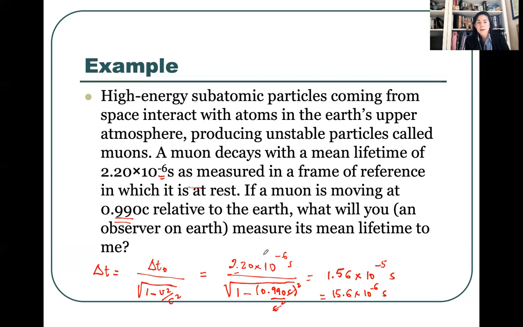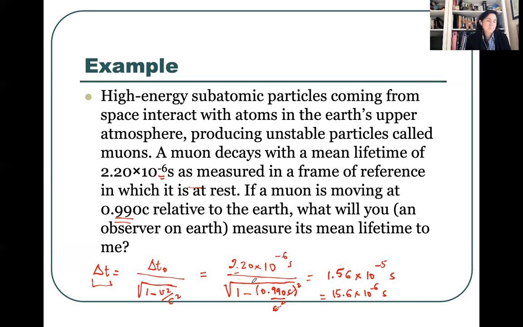That is interesting because if you have something that is moving very fast with respect to the frame of reference, you're going to see a large effect due to this time dilation.